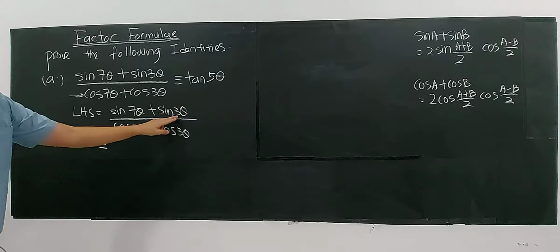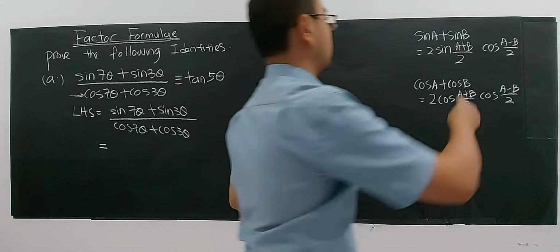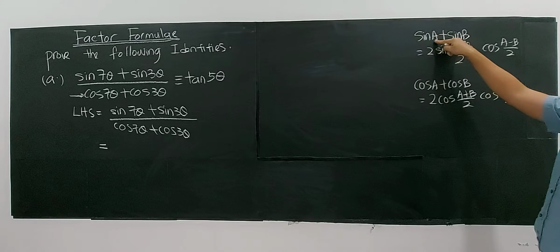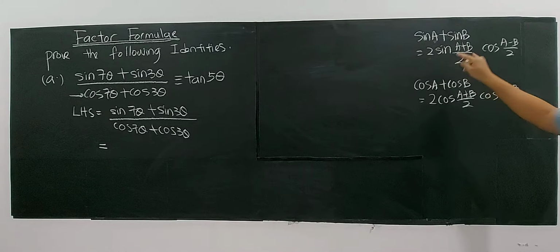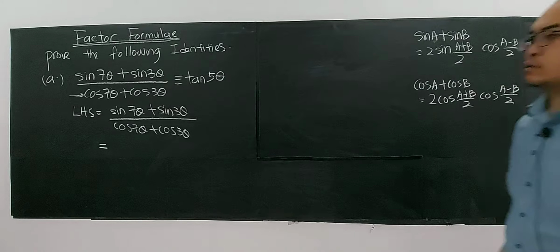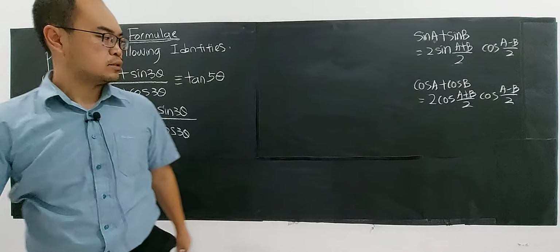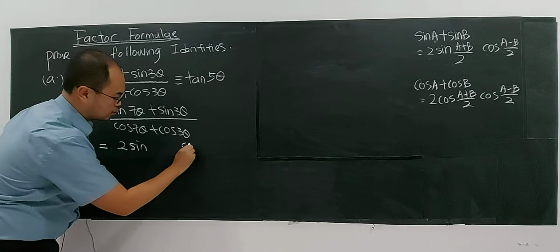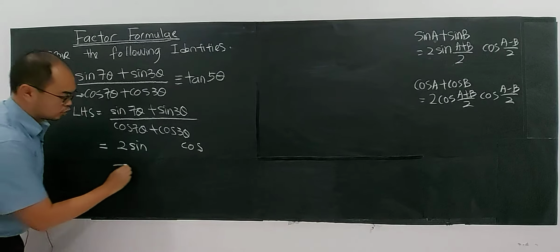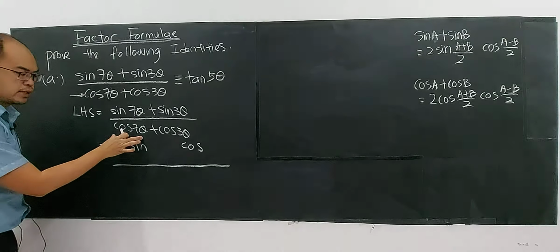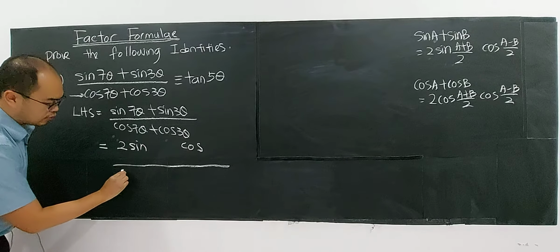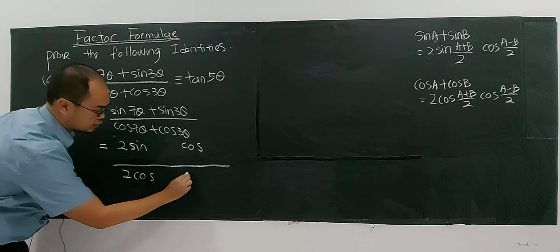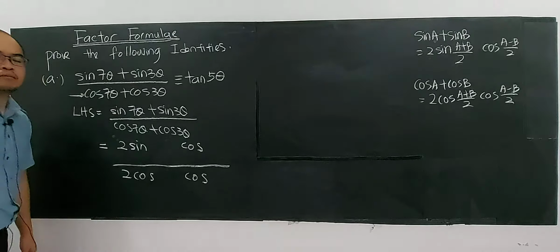Sine A plus sine B is 2 sine cos, so I combine them first. 2 sine cos.